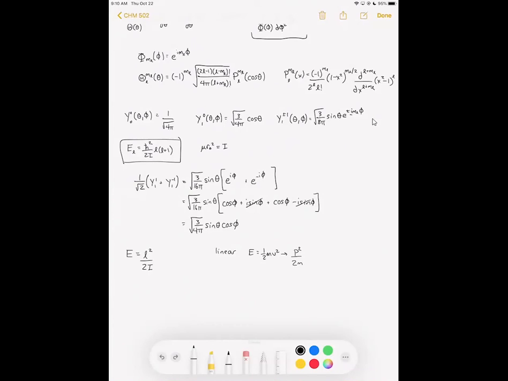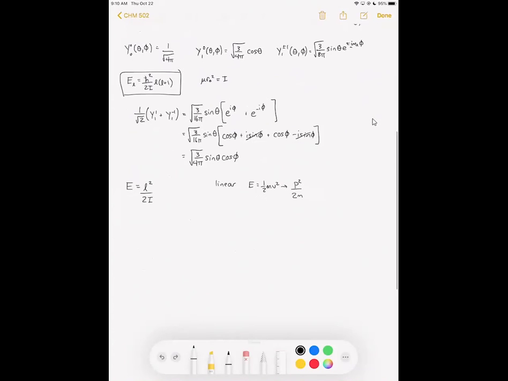So the only difference between the total energy operator, so if we were to operate with the total energy operator, the Hamiltonian, on our wave functions, what we would get is h bar squared over 2I times L times L plus 1 times our wave functions again. That's what it means for this to be the energy. When you operate on it with our corresponding operator, you return the function multiplied by its energy, or by the constant that's the energy.